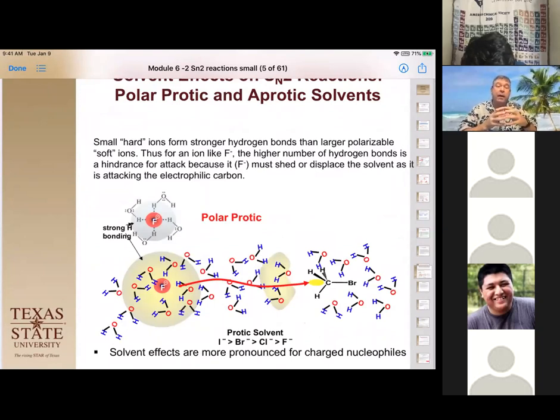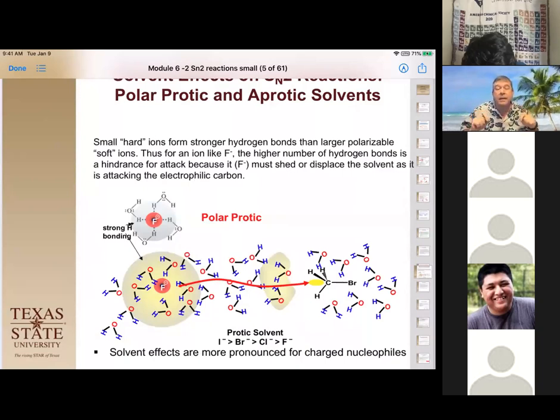And when we have those hydrogen bonds to support that charge, those solvent molecules actually have to be carried along with that ion, because it can't just be a free ion because it's not very polarizable. And therefore, it actually looks like a much bigger, much more sterically hindered ion than if it were something that had weaker hydrogen bonds. Okay.